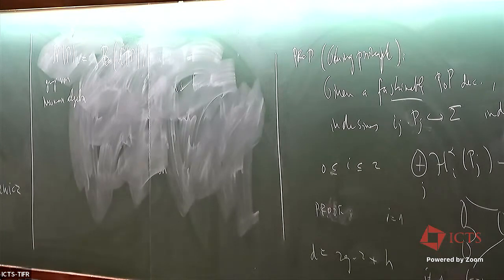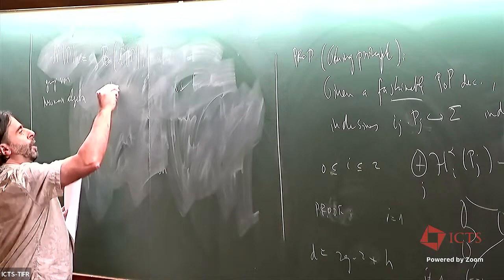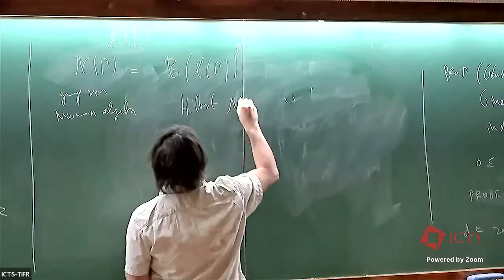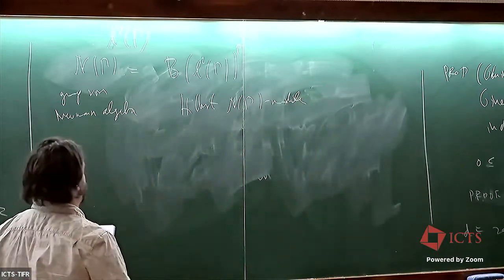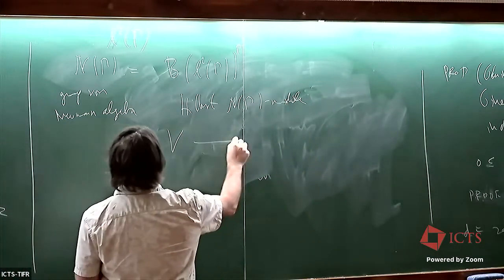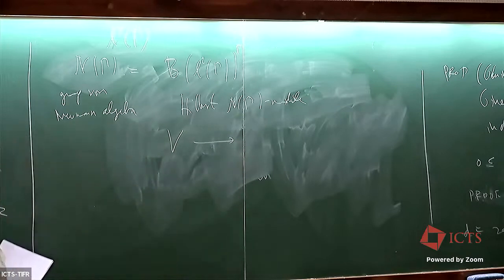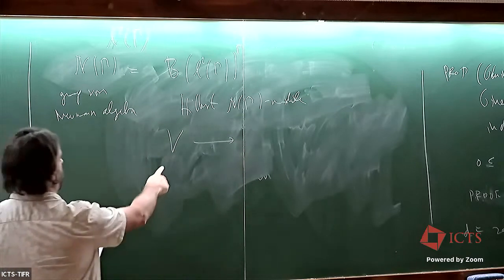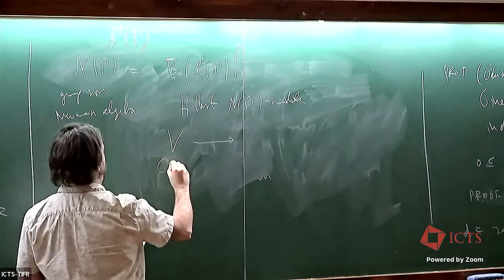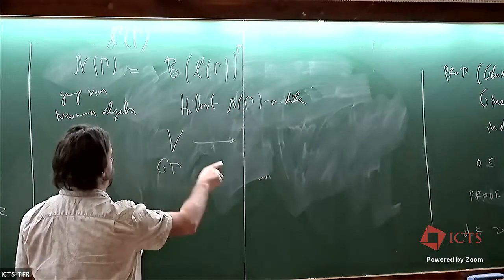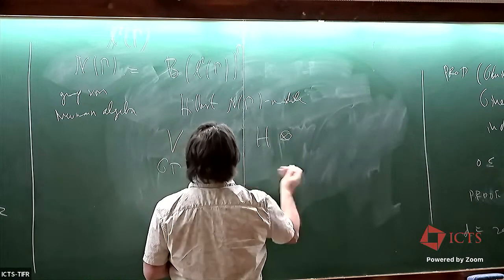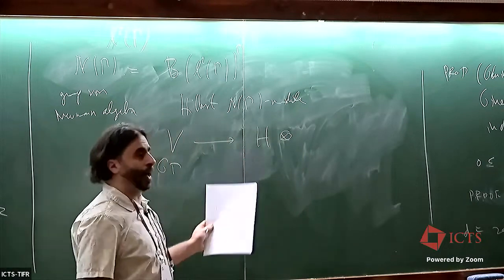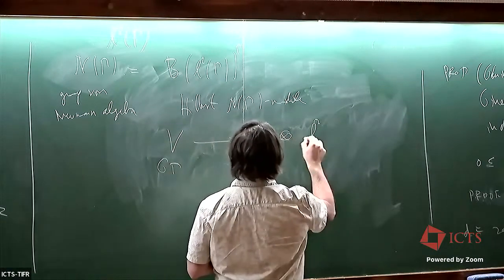And then there's this definition of a Hilbert N gamma module: it is a Hilbert space V with an action of gamma, for which there is an equivariant isometry to a tensor product of a fixed Hilbert space times L2.